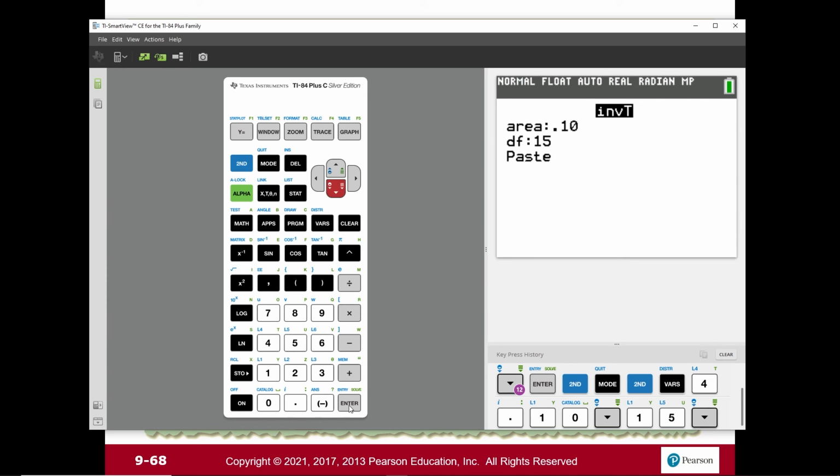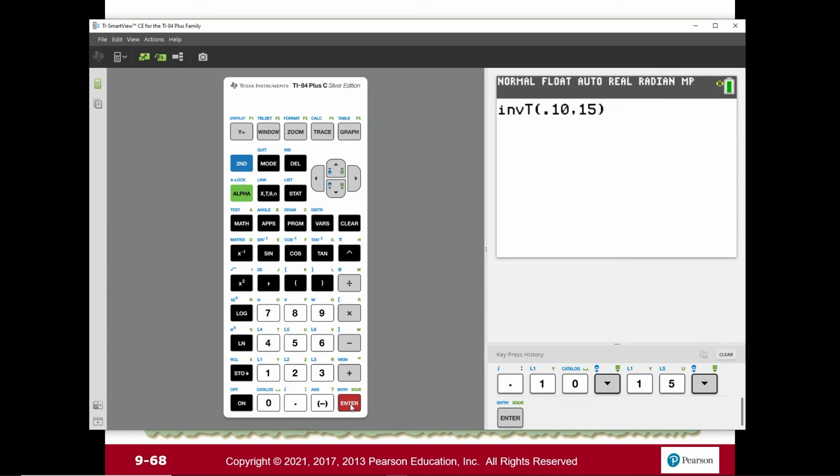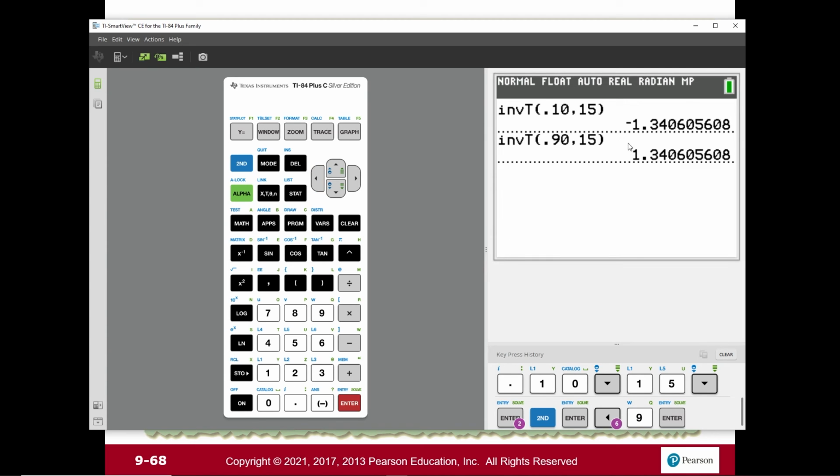Now I'm going to paste this to the home screen. The top 10% is actually the top 90, so it gives the negative, but we should have gotten the positive one. So what we're going to do is recall this, and instead of putting in 0.10, we put in 0.90, and we get 1.34, and that's exactly what we were getting at.